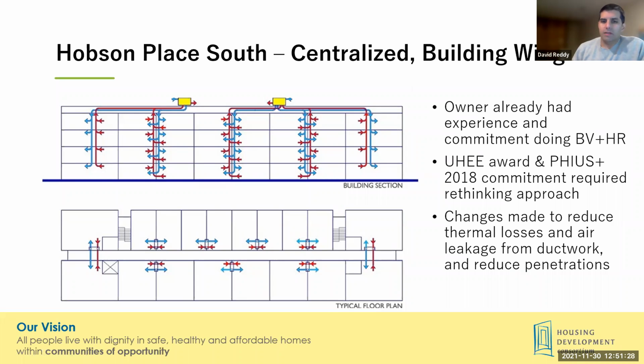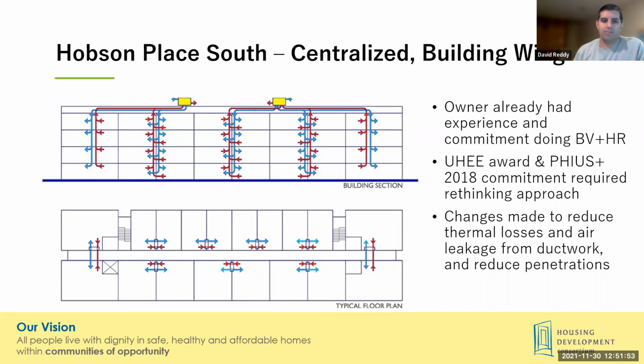That presented a challenge for the Passive House project in that it was an opportunity for a lot of air leakage through the ductwork, a lot of thermal losses as well, and penetrations through the building envelope. So the team took a step back and looked at different ways of bringing all that ductwork within the condition envelope.